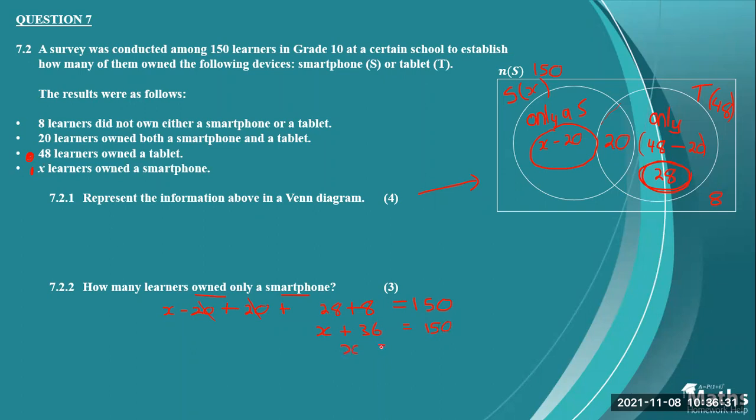So it's going to be 150 minus 36, and that gives you 114. Right. So how many learners only owned a smartphone? Only a smartphone will be x minus 20. That's going to be 114 minus 20, and that gives me 94.